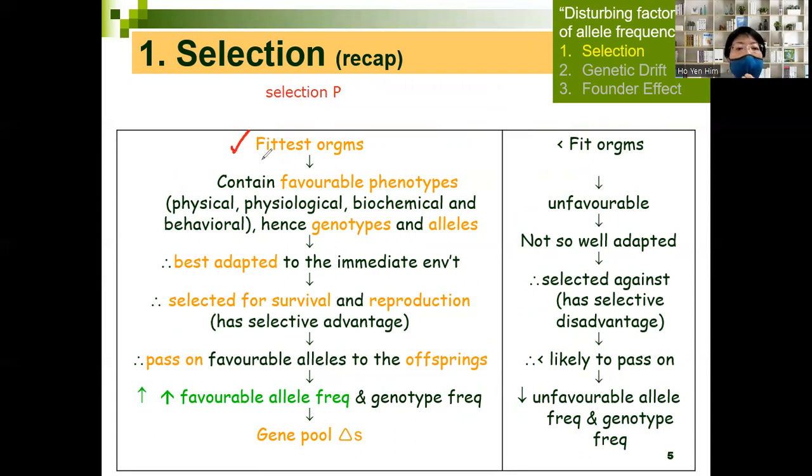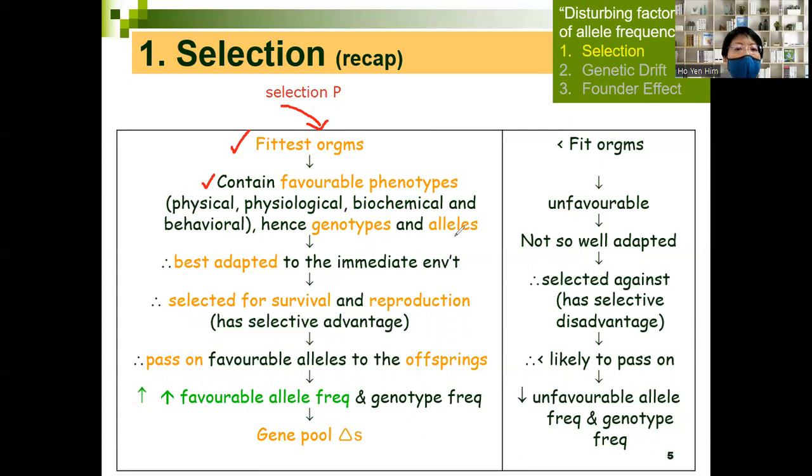Okay, fittest in this case means that when selection pressure acts on them, they are able to survive because they contain favorable phenotypes. Favorable in the sense that they can survive in that selection pressure. So favorable phenotype, what is phenotype? Physical, physiological, biochemical, and behavioral characteristics of the organism. Okay.